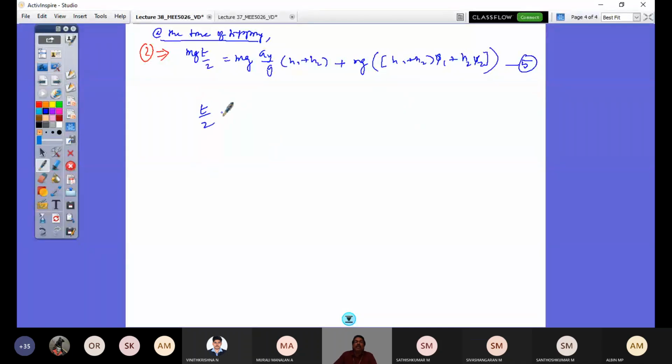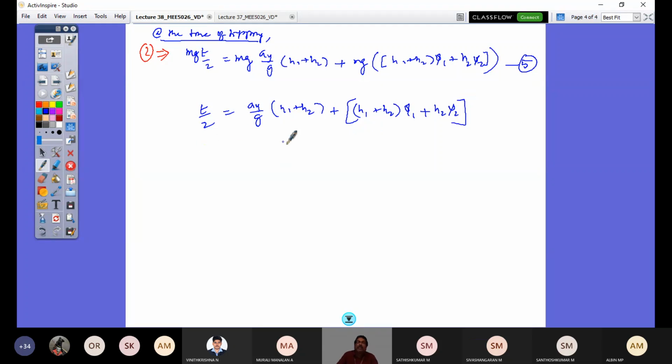So it is going to be t by 2 on this side, and on the other side ay by g into h1 plus h2, and here mg goes out, so plus h1 phi 1 plus h2 phi 2.